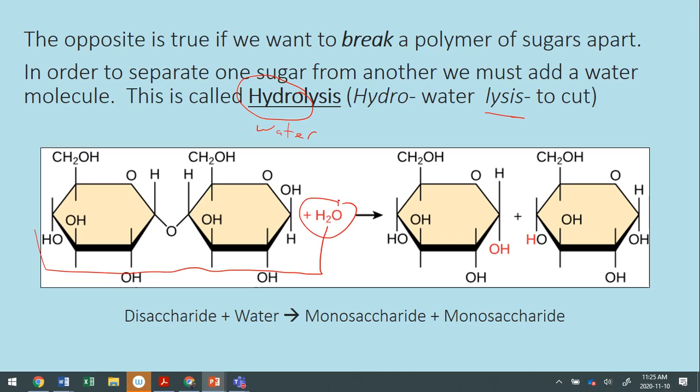If I add water to the disaccharide, it's going to cut this oxygen bridge and reform those two hydroxyl groups, and it breaks apart the disaccharide into two monosaccharides. So what type of metabolic reaction is this? Catabolic. Good. So hydrolysis is a catabolic reaction. Dehydration synthesis is an anabolic reaction.